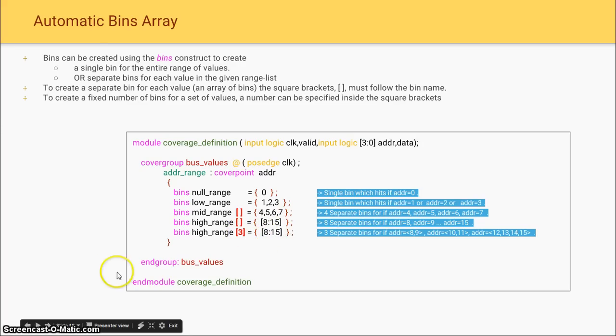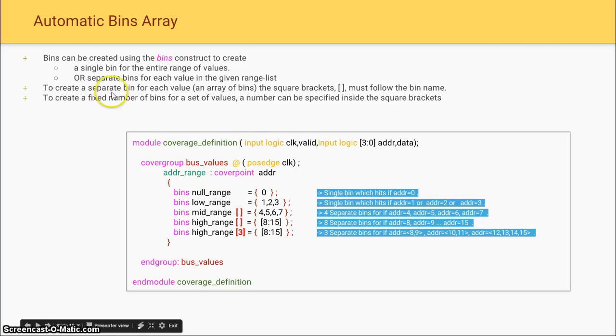The total number of listed values is 8 here. So 8 divided by 3 is equal to 2. Thus the first bin will be for ADDR equal to 8 and 9, the second bin is for ADDR equal to 10 and 11, and the third bin will be for ADDR equal to 12, 13, 14 and 15.